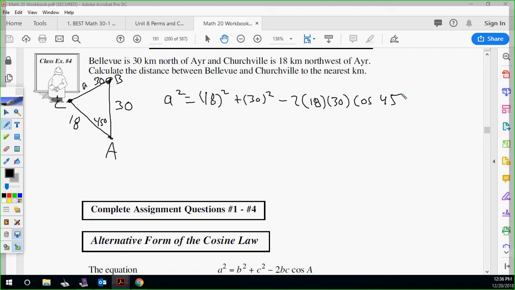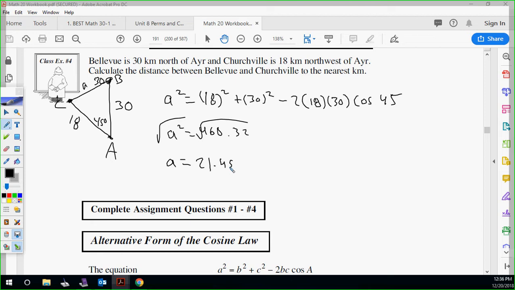Okay, so you calculate that. You're going to get A squared is 460.32. Square root. A is 21.45. A couple things to consider when you get answers like this. So I got 21. Is that in the ballpark of the other lengths? Yeah, 18 and 30.